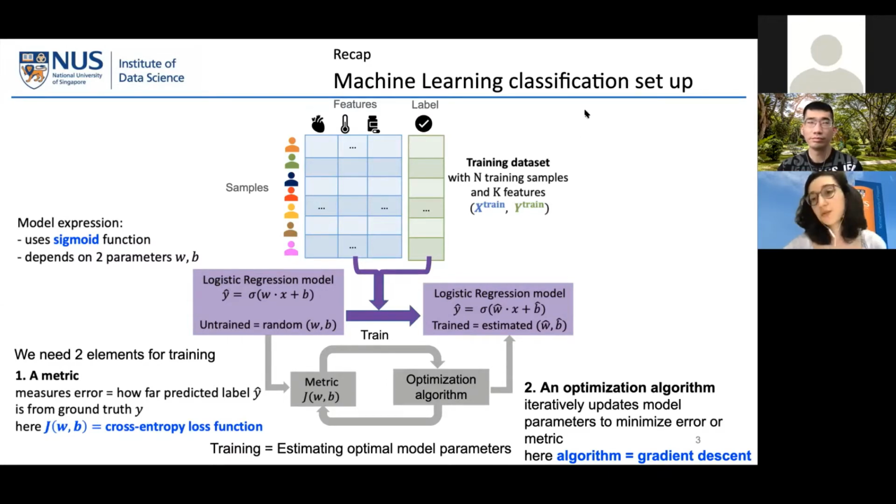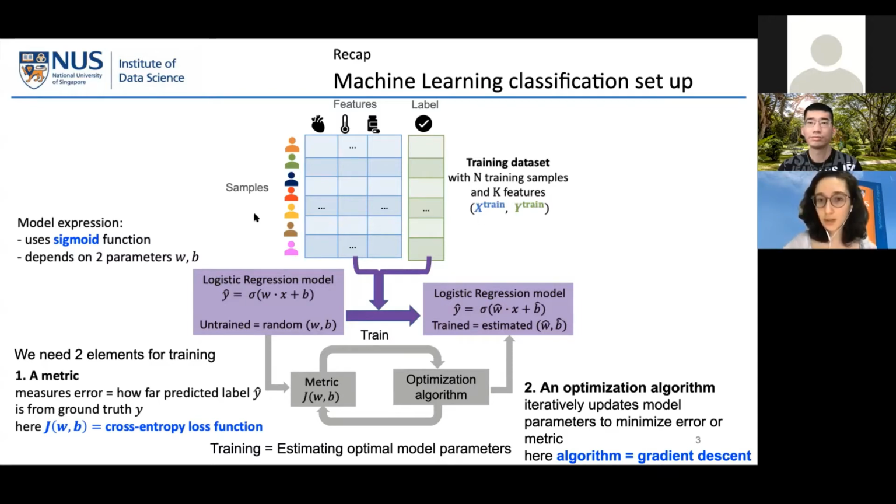Before starting to talk about neural network kind of models, I wanted to do some recap of yesterday. Let's do a quick recap about the machine learning classification setup. As you may remember, yesterday we always start with some data.